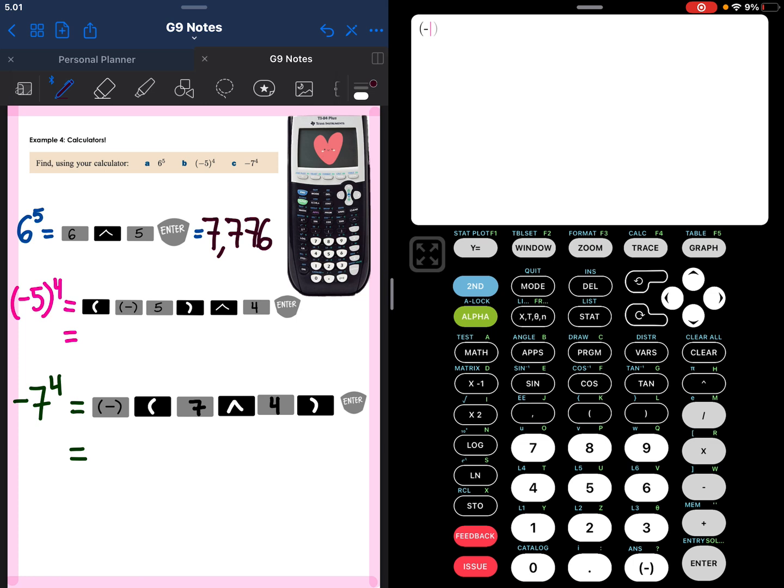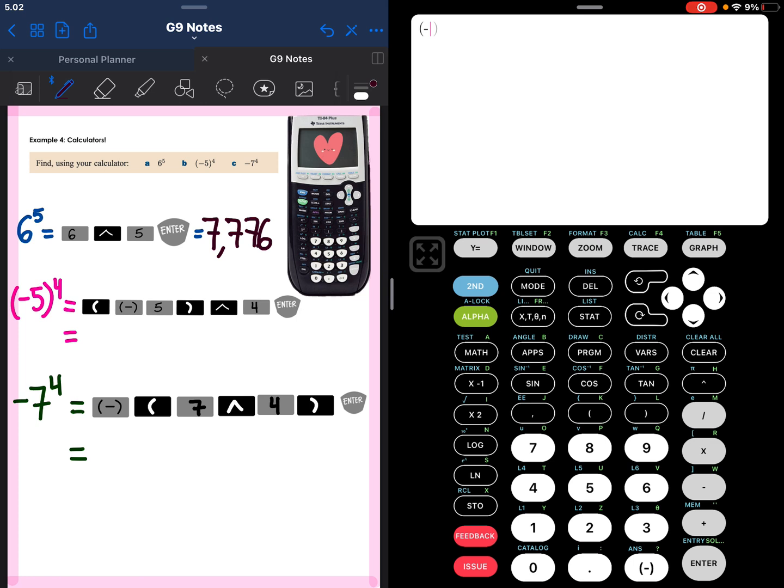The negative button below 3 is a sign, positive or negative, right? Like negative. But the minus sign above the addition sign, that is an operation. So there's a difference. Be careful there. If you see an error, that's probably you put the subtraction sign instead of the negative sign.